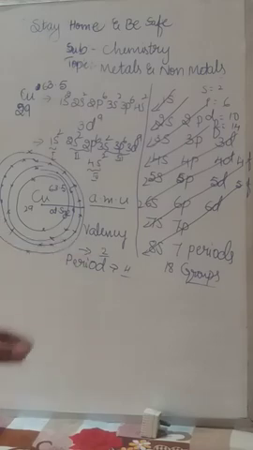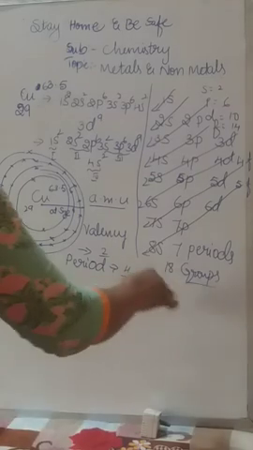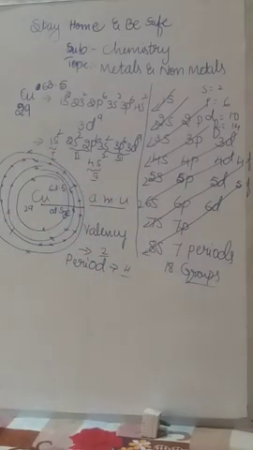Atomic structure we can get from the electronic configuration, and we can also find out the period and the group. In the next lesson I'll teach you how to identify the groups, because for that there will be a separate table in the next lesson.